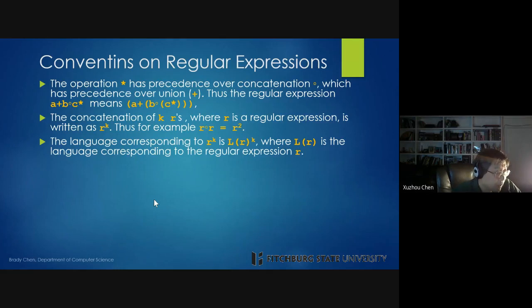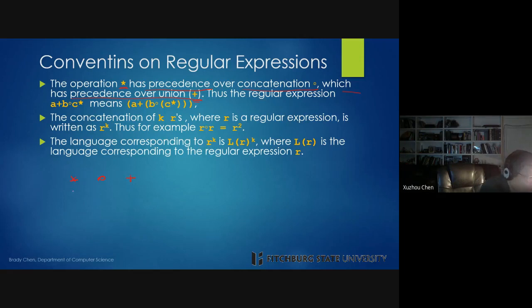And also the operation star has precedence over the concatenate, which has precedence over the plus. So this has a high precedence, then concatenate, and then plus.